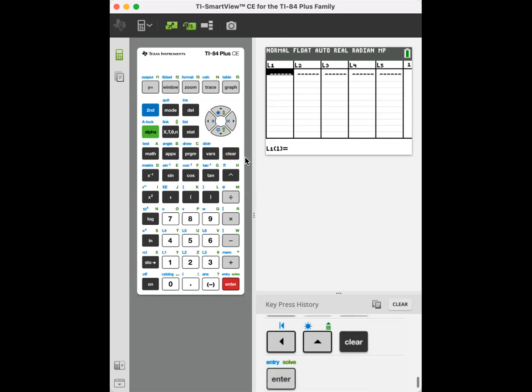All right, so they say number of dogs per household in a small town. So 0, 1, 2, 3, 4, and then 5. Oh shoot, I made a mistake. You can change it really quickly by using your cursor. All right, so now I'm going to put the probabilities: 0.657.